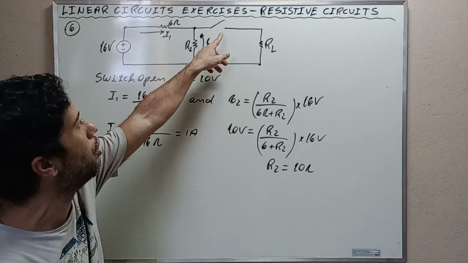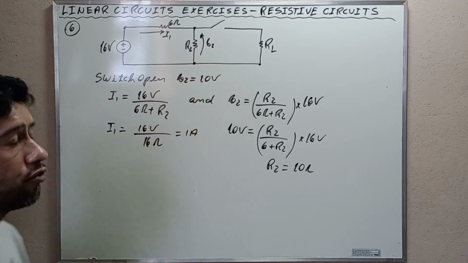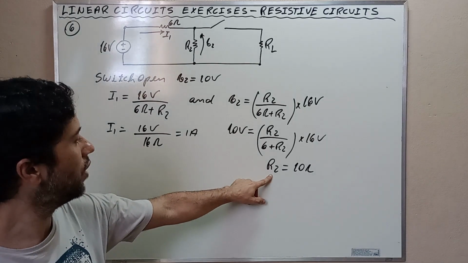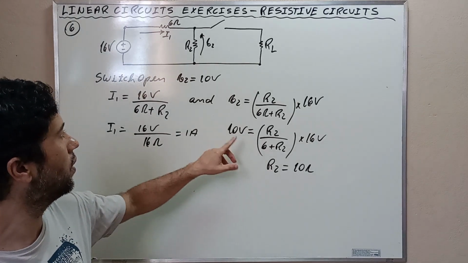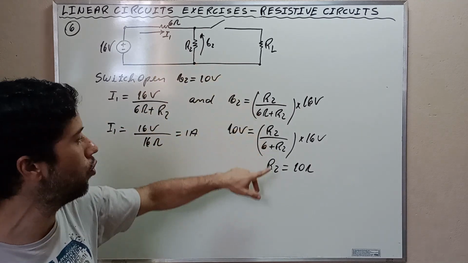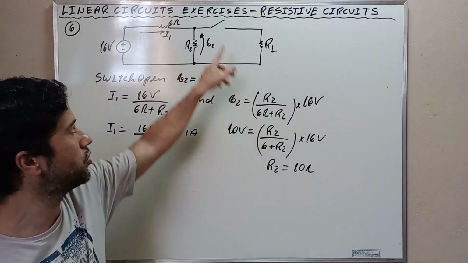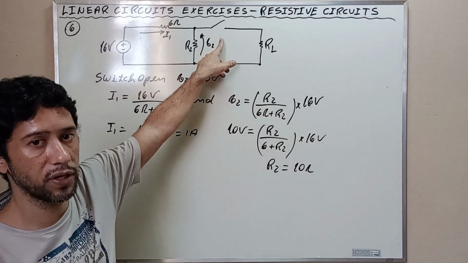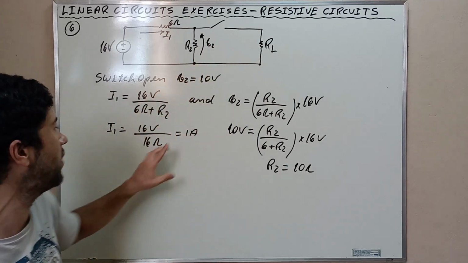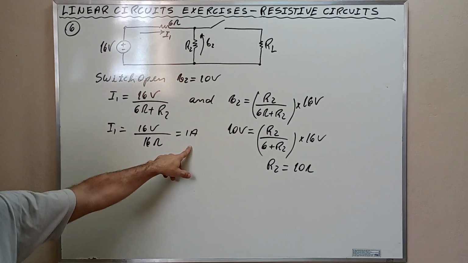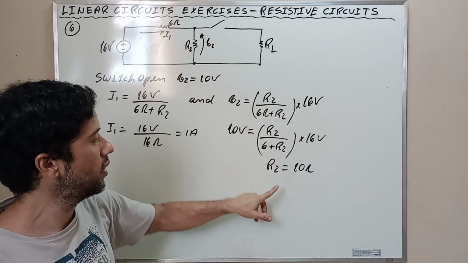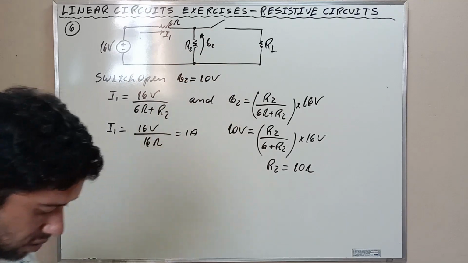When the switch is open, only in the case when the switch is open, the value of I1 is 1 amp. But in both cases, when the switch is closed or open, the value of R2 is 10 ohms.